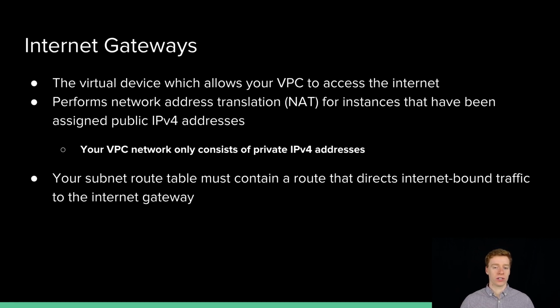So to all intents and purposes, it's a public subnet, but all those instances within that subnet actually have private IP addresses. And that's where the NAT for the internet gateway comes into it. You shouldn't confuse that with a NAT gateway, which is different and used for private subnets.